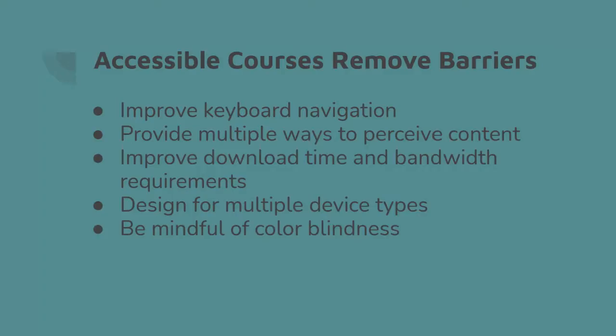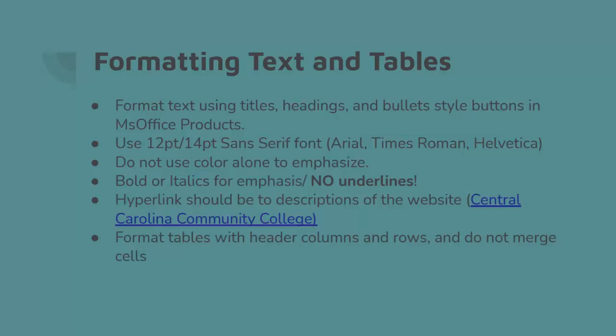If we design a course with a lot of color, we need to be mindful that those people that have color blindness can't really see that color, so it's not really as meaningful to them as it might be to somebody else. So with that in mind, we're going to talk about three different categories.